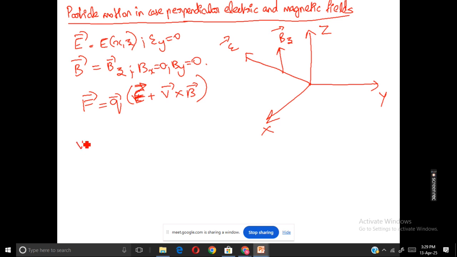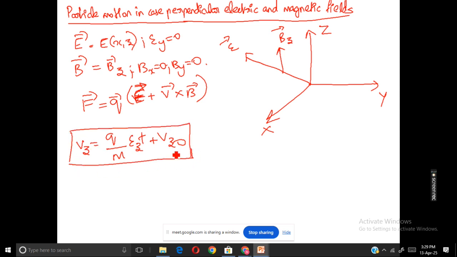The velocity components will be Vz equal to Q by M Ez t plus Vz0, and Vx will be V perpendicular into e raised to i omega c t, where omega c is given by qB by m. So that's the cyclotron frequency.